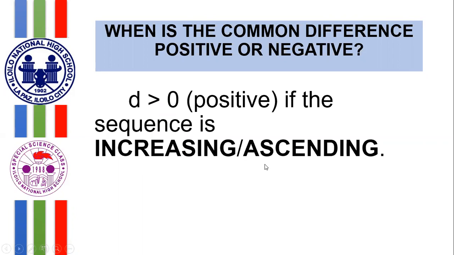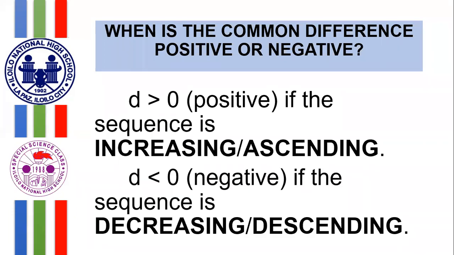Meaning to say, as you go from left to right, the terms become higher. And the common difference is less than 0 or negative if the sequence is decreasing or in descending order. That is, if you go from left to right, the terms are becoming smaller. Okay, I hope you understood this one.